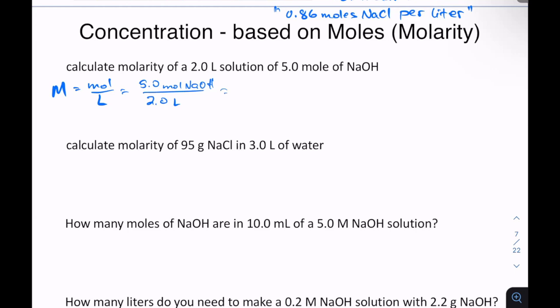So that's going to give us a 2.5 molar solution of sodium hydroxide. So that would be written as 2.5 molar sodium hydroxide. But once again, that means that we've got 2.5 moles per liter.